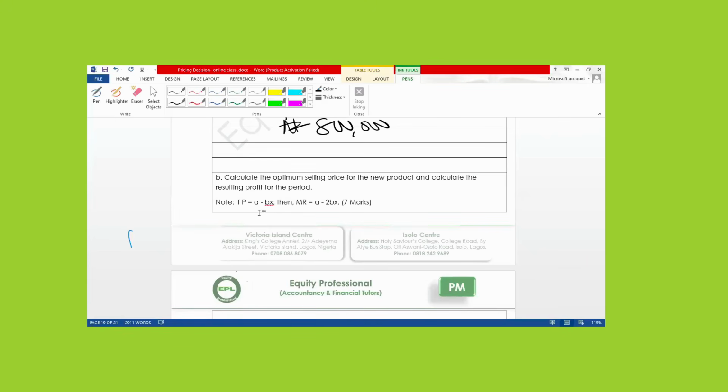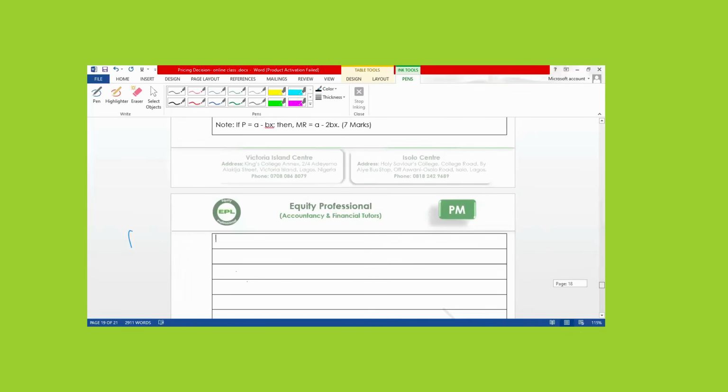So your starting point. Examiner says P is A minus BX, or at times you use Q. That means it has introduced the minus automatically. Remember we said we can use the approach we are giving ourselves, and we are going to get the same answer.